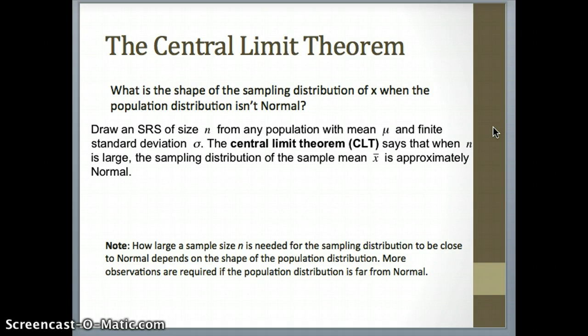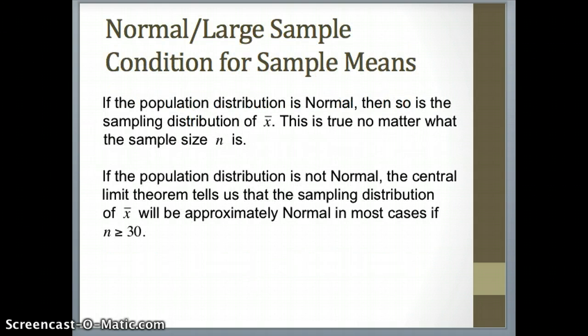How large a sample size is needed for the sampling distribution to be close to normal depends on the shape of the population distribution. More observations are required if the population distribution is very far from normal. So let's talk about the normal or large sample condition for sample means.